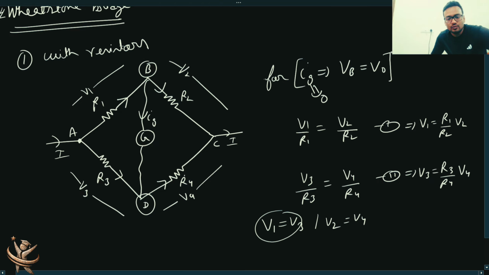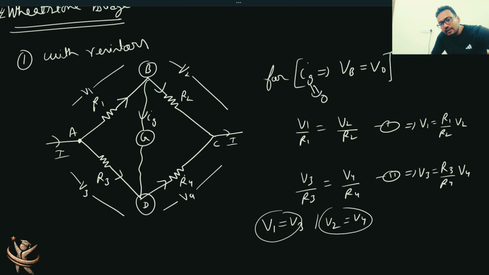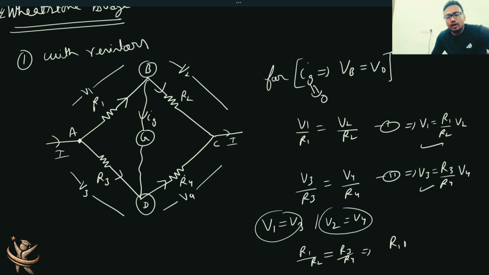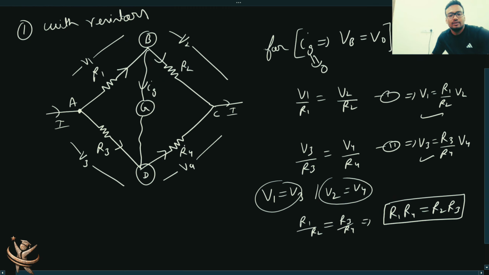These two are the most important observations here in order to get Ig equal to 0. That's it. You have two equations. You equate them, and you get R1 by R2 equals R3 by R4, or R1 R4 equals R2 R3. That is the condition for the balanced case.